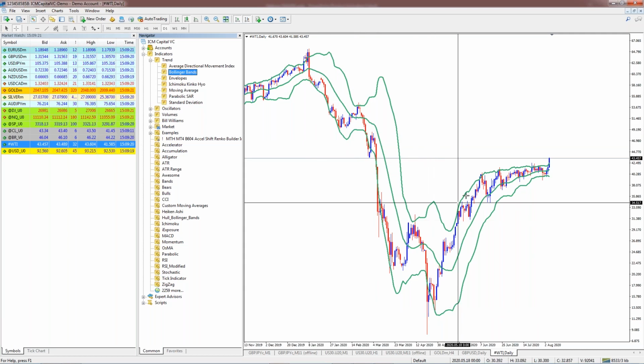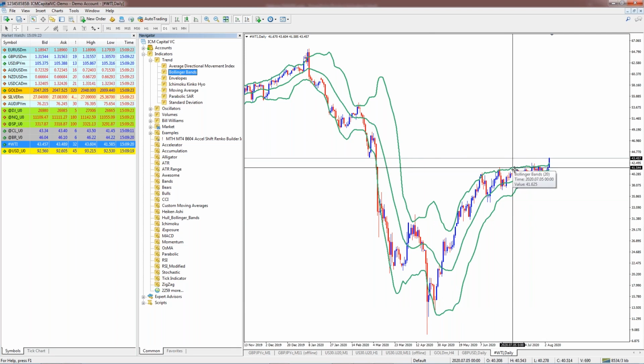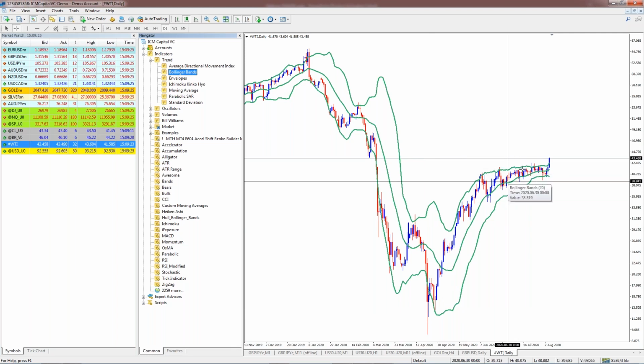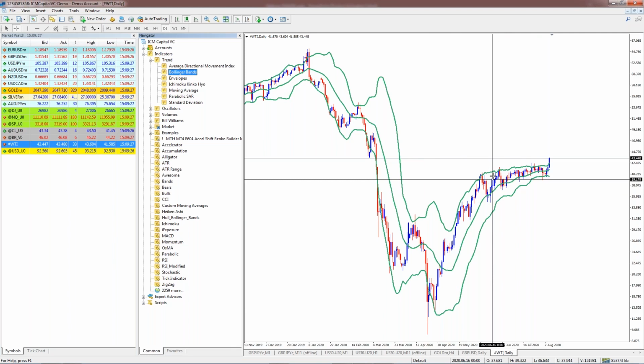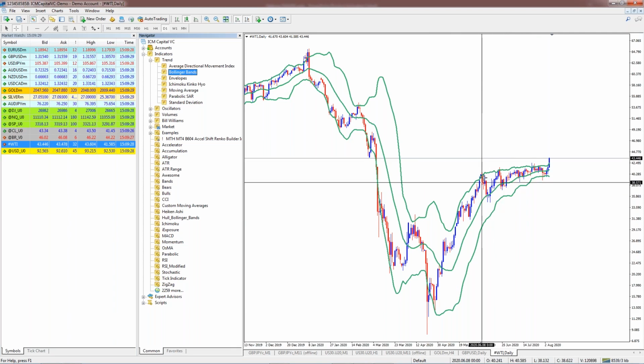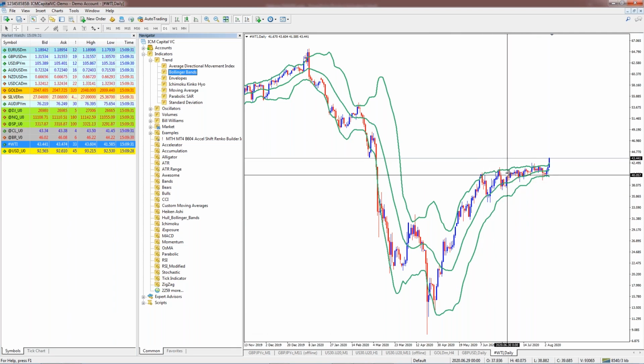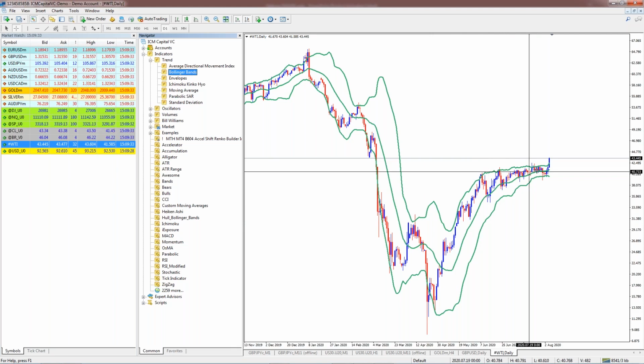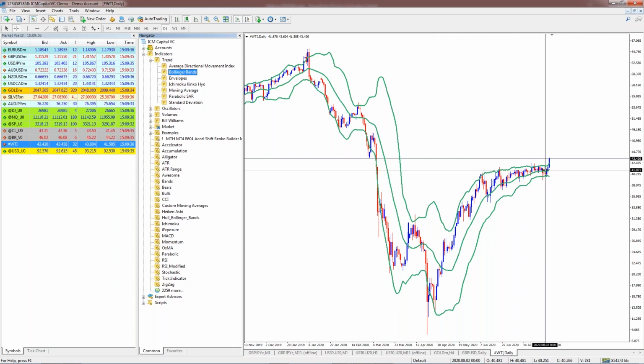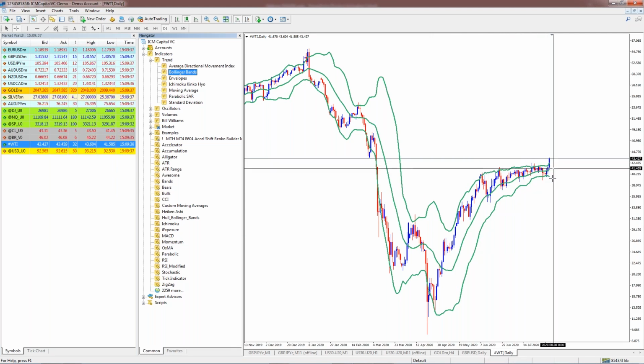And here, when the market lacked fundamental drivers, we witnessed how the market traded inside a tight range, and this range was getting closer and closer. So the bands were getting narrower to each other, until in the past 3 days we witnessed productive talks on further fiscal stimulus from the United States.